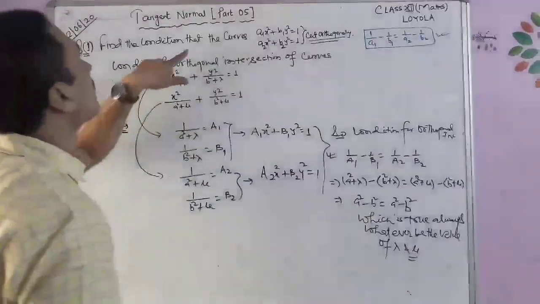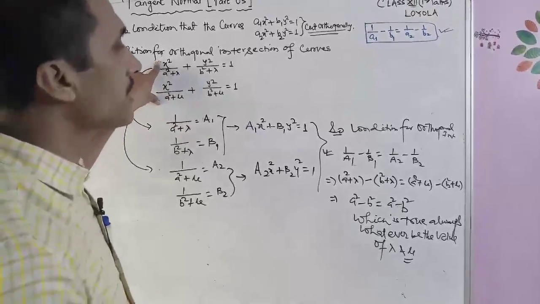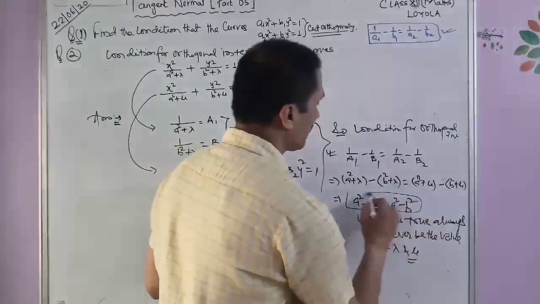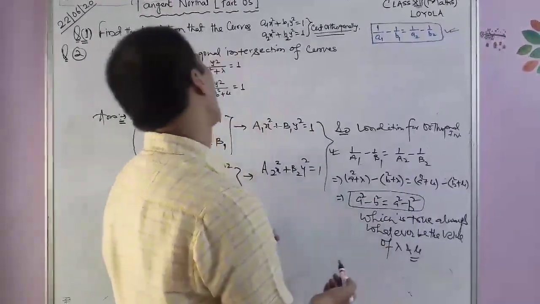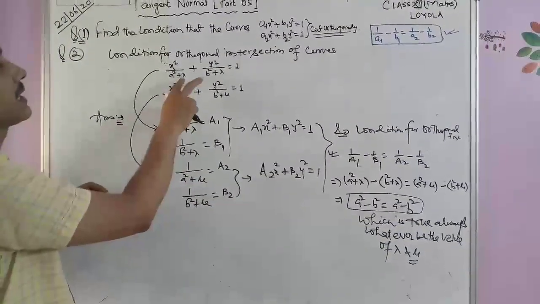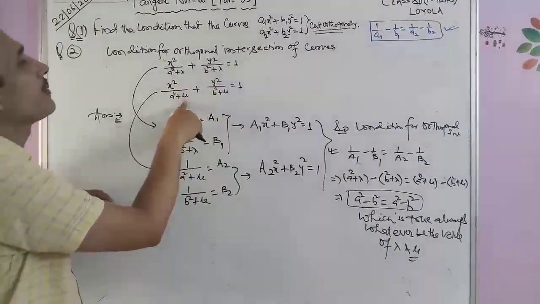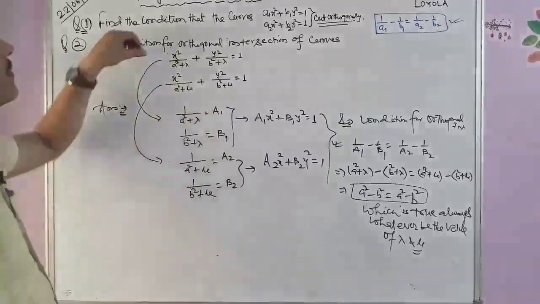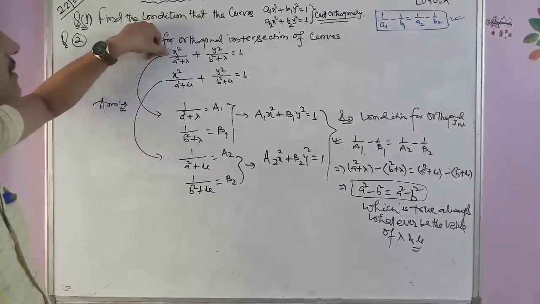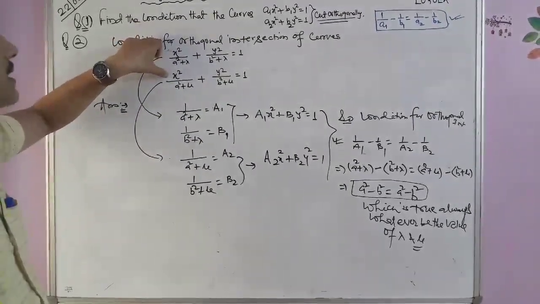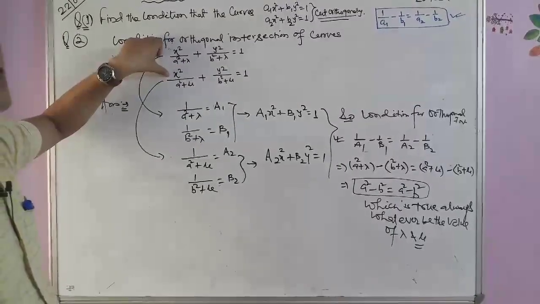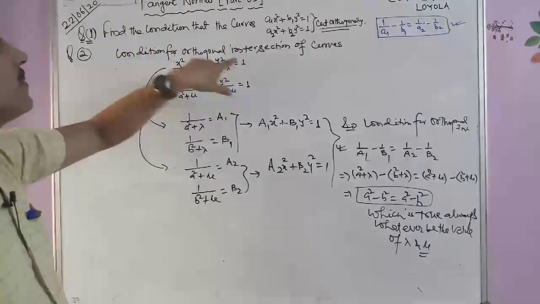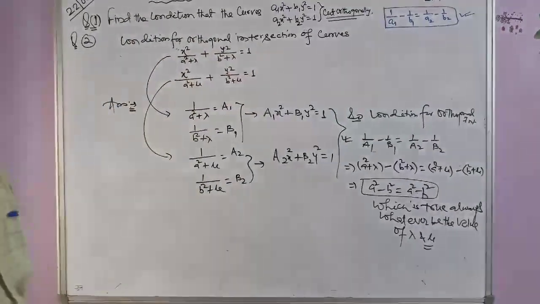So the given two curves are always orthogonal. Notice here this is an identity which is always true whatever be lambda and mu. If we take any value of lambda and mu, always these two curves will be orthogonal. We find dy by dx for this curve and dy by dx for this curve. At the common point of intersection, any point P, we get the product of these two will be minus 1.